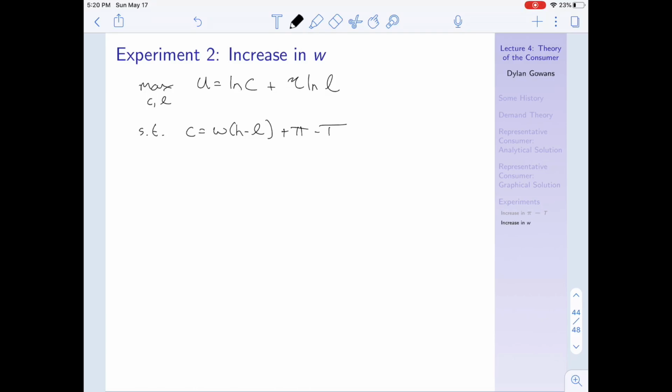So one is that MUC times W is equal to MUL. So we've seen that a couple of times. So let's plug in the values for that then. So MUC is just 1 over C. And MUL, as we just saw in the previous slide, is eta over L. Okay, so that's condition 1. And condition 2 is the budget constraint. So those are the two equations that have to hold for optimality. I need to be consuming on my budget constraint, and I have to have this proportionality given by the marginal utilities.